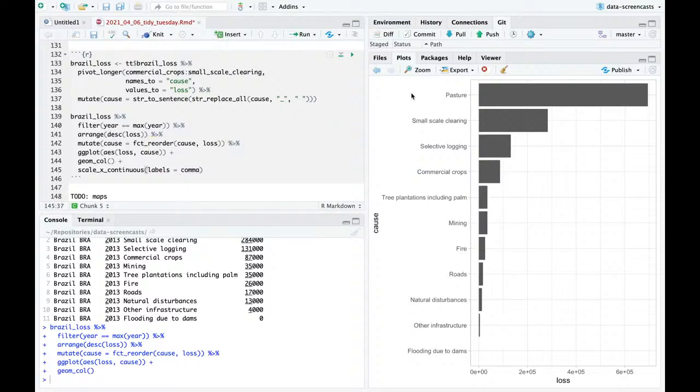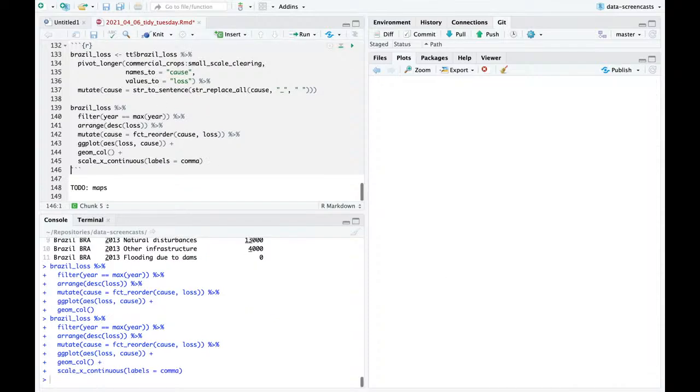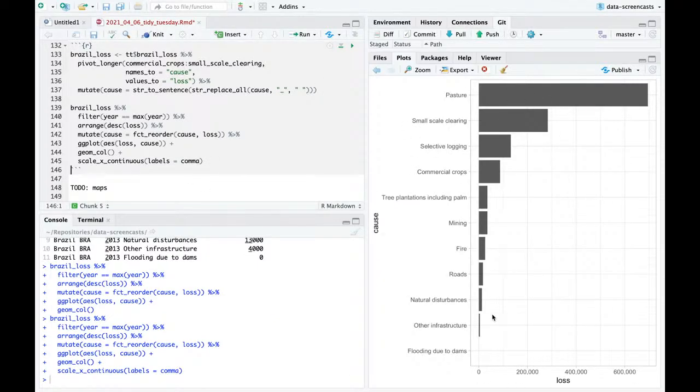Notice this would have been really hard to graph in the original form of the data, but you reshape it with pivot longer and it ends up being easy. So this is loss in 2013.